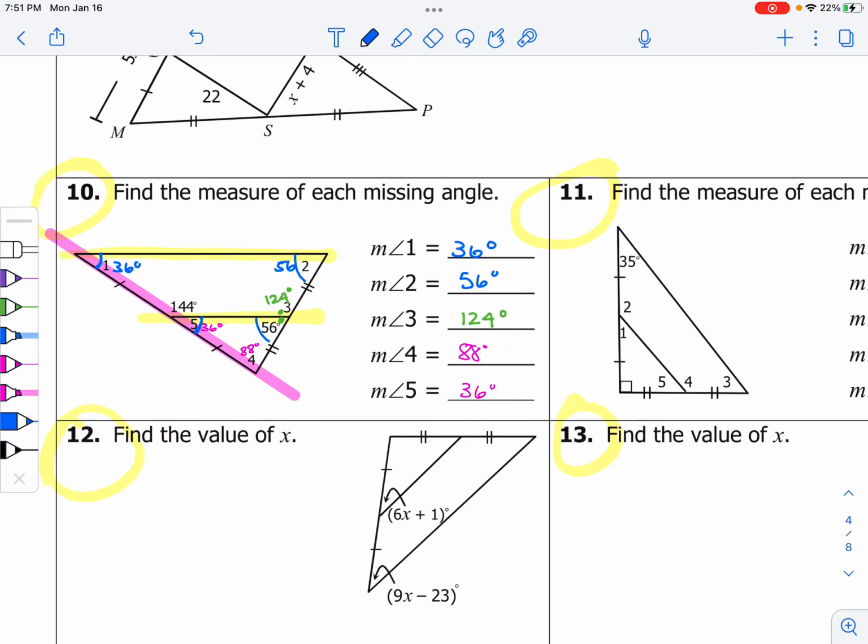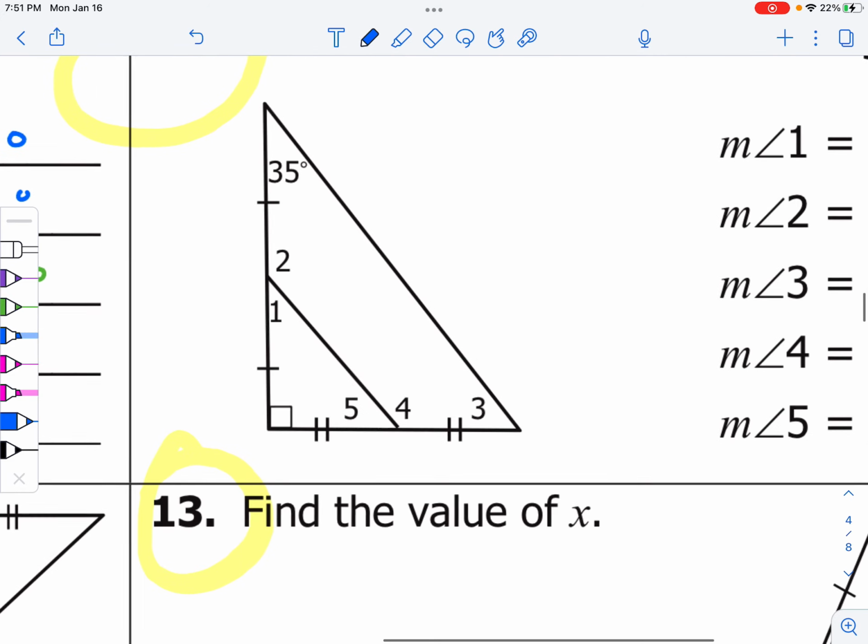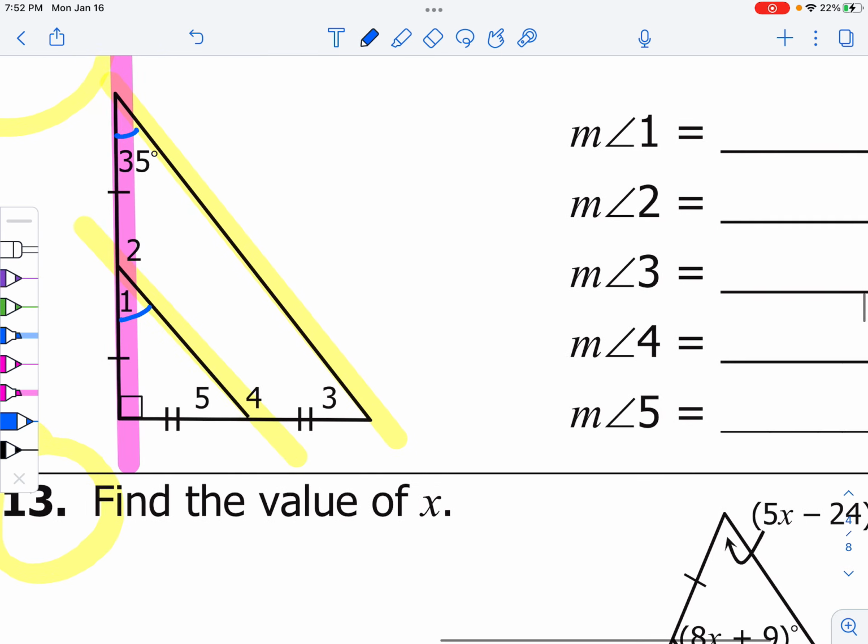If we take a look at question number 11, question 11 is done very similar to that. I have parallel lines. There's my side of the triangle, and there's the mid segment of the triangle. And I have a transversal put in there. And if this angle is 35, then angle 1 is also 35 degrees.